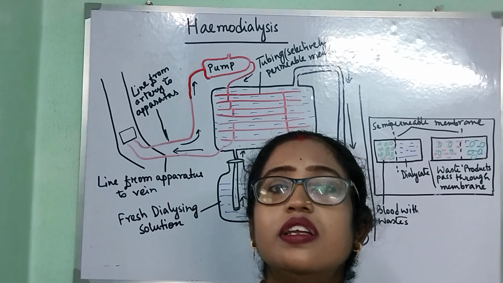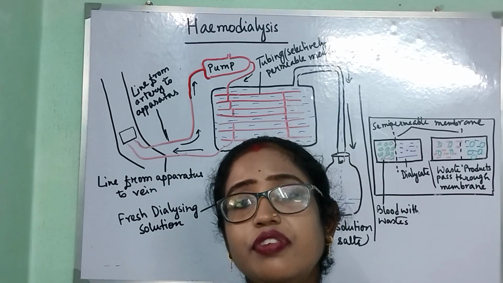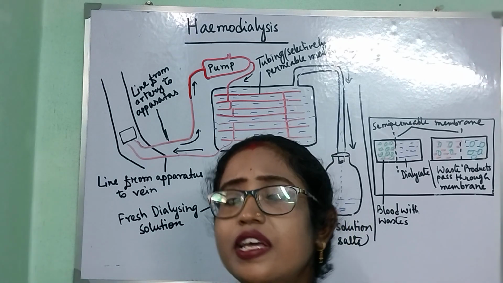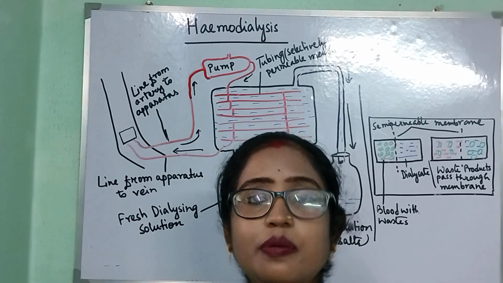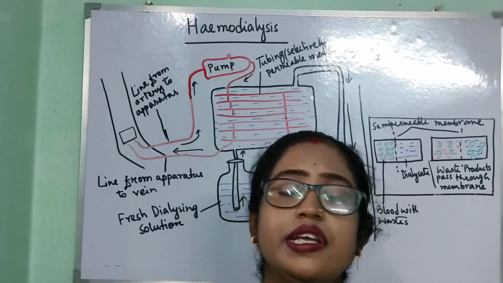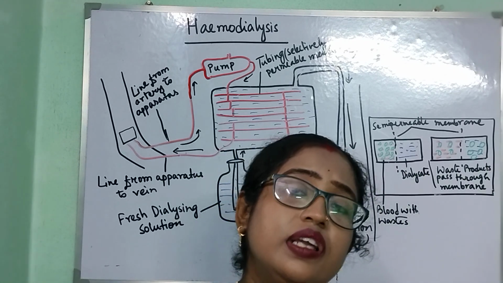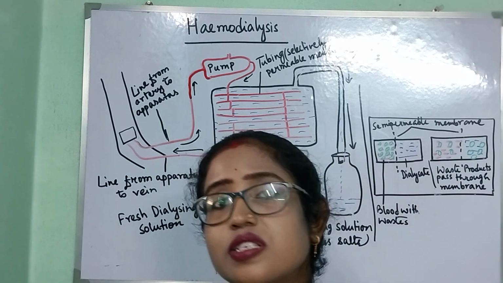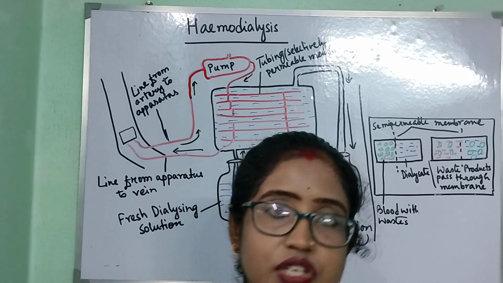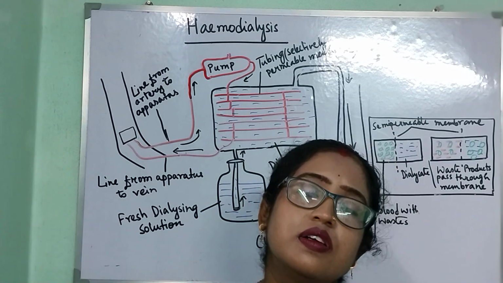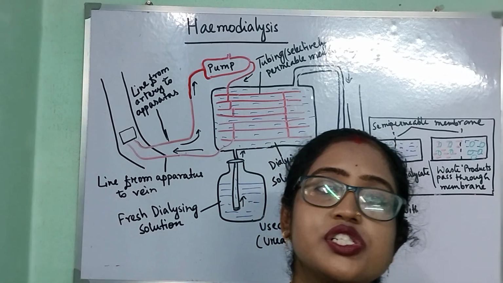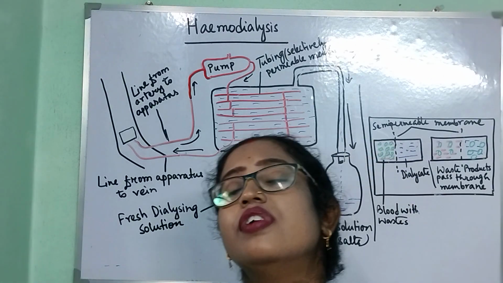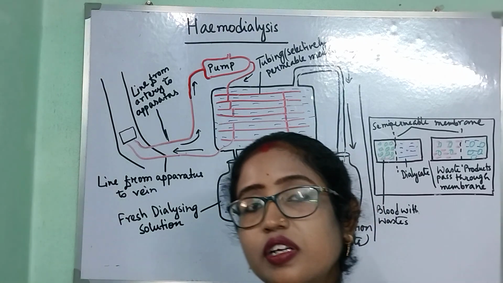If we are matured, if we are adults, then we can donate our kidney to the needy person, because one kidney is enough for our daily essential proper function. So kidney transplantation can also help in the case of damage to the kidneys.